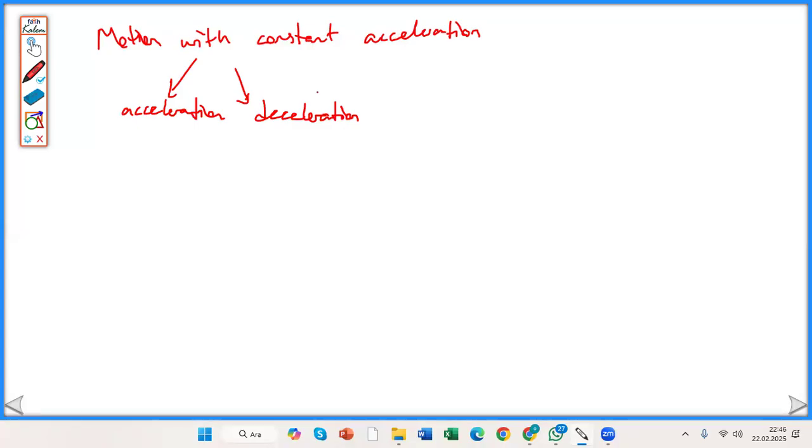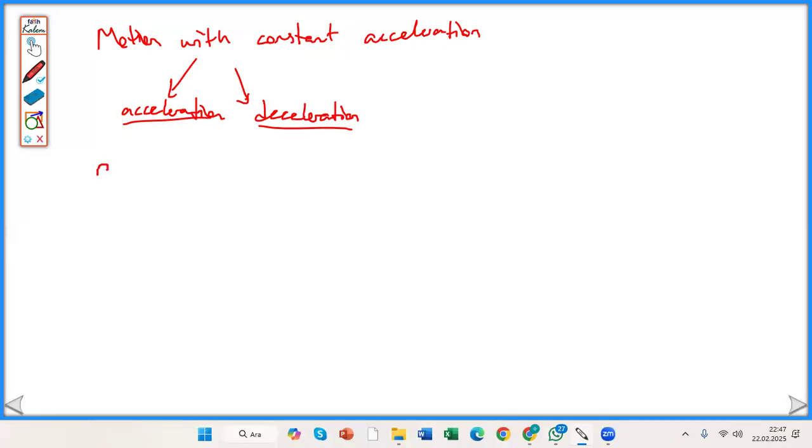But the true form of that motion is acceleration or deceleration. We can also explain it with increasing velocity or decreasing velocity. If the velocity is increasing uniformly, we can call it acceleration. If the velocity is decreasing uniformly, we call it deceleration.